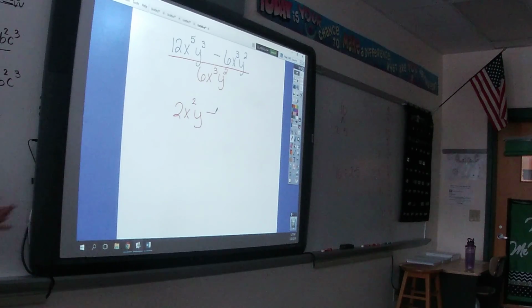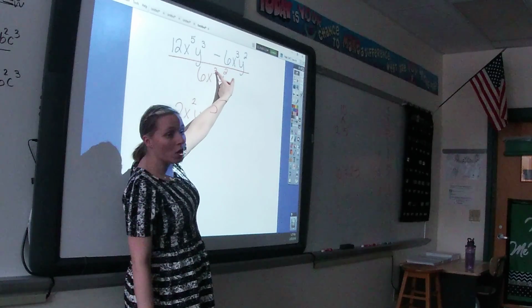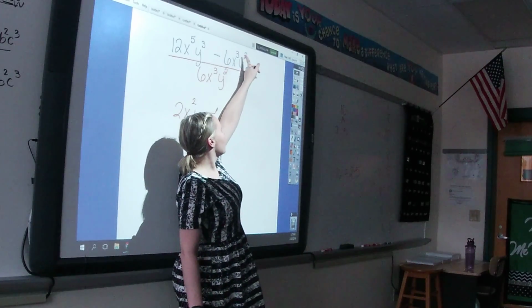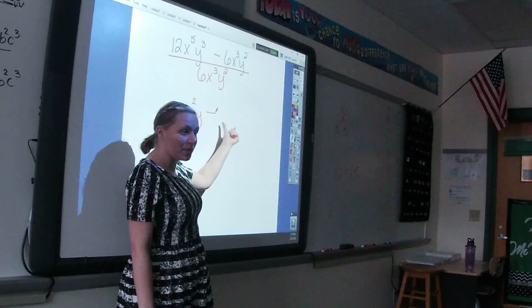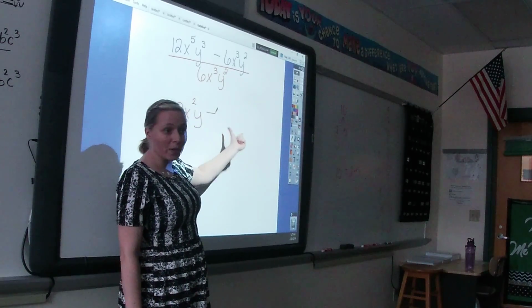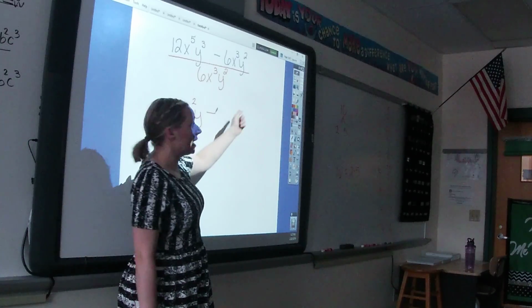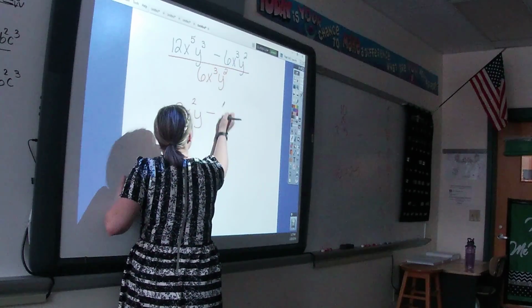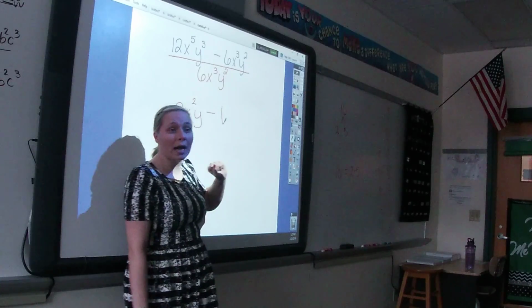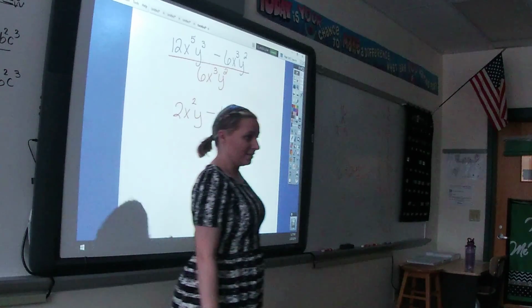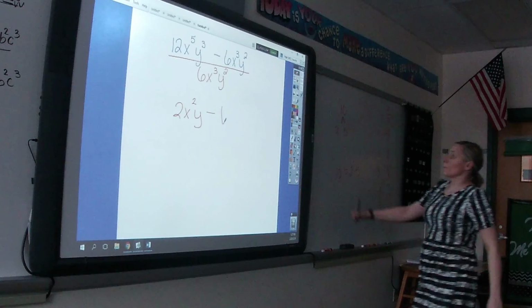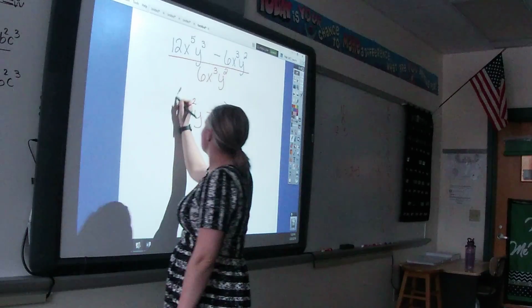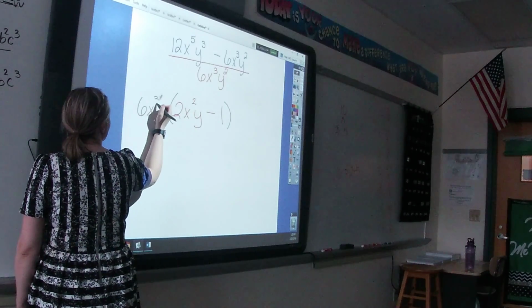But here, our variables cancel out. You have to put something here. It can't be 0, it can't be nothing. 6 divided by 6 is 1, and x to the 0 power is 1. So if all of it divides out, you fill it in with a 1. Then we can say we're done and put our GCF out in front.